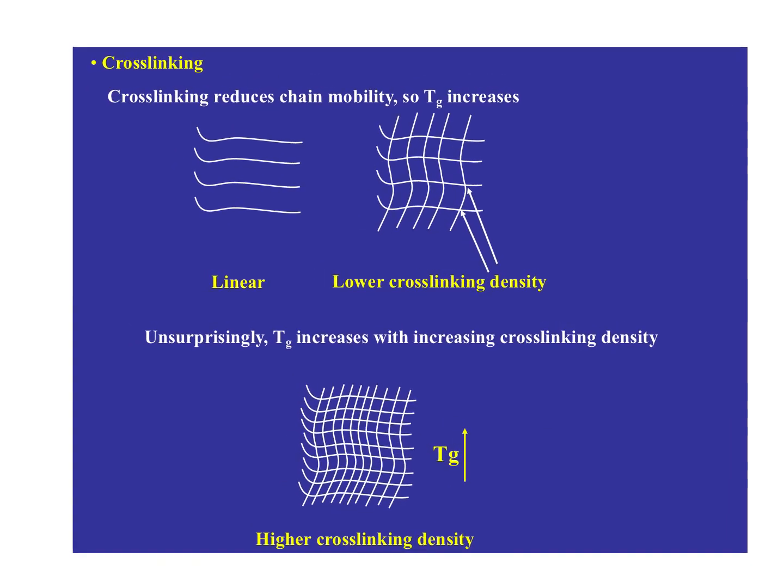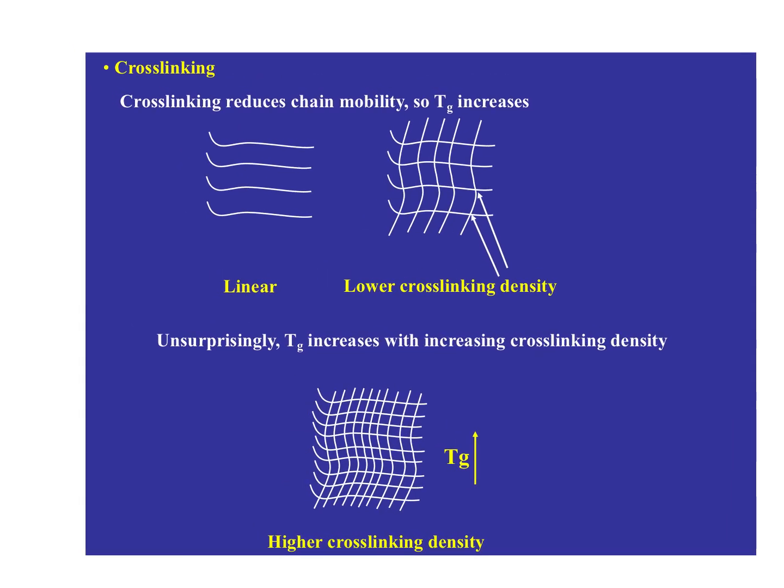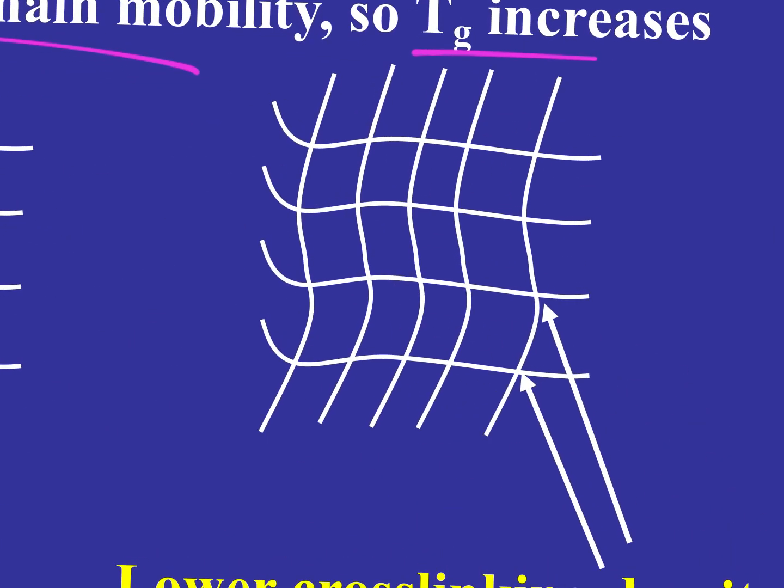And then something we've talked about a little bit is the fact that when we have cross-linking present, it reduces the chain mobility, and so the glass transition should increase. So normally we think about linear systems, but when we have a low cross-linking density, in the area where these chains bond together, we start to restrict the motion of everything that's in the immediate area of that crosslink.